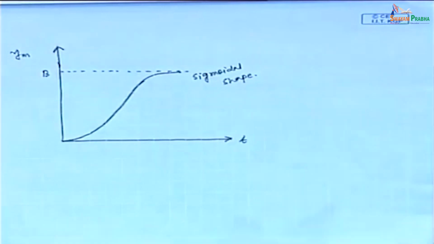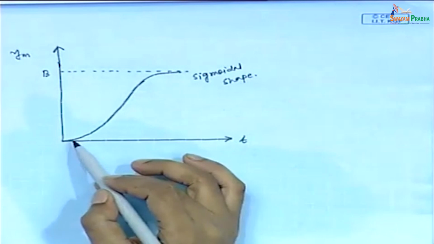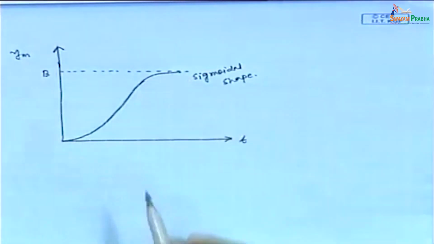For most of the chemical processes, Cohen and Kuhn observed that the process response looks like sigmoidal shape. Now, this response can be approximated by the first order plus dead time. This is basically the response of a first order plus dead time.